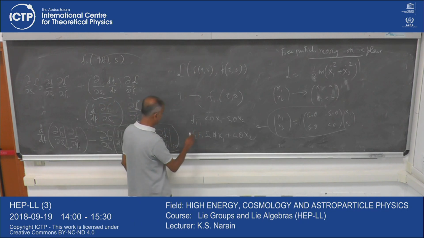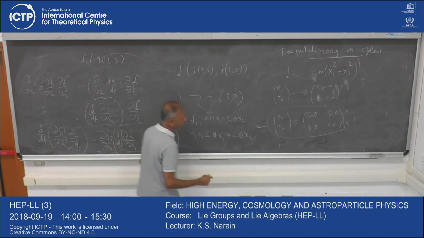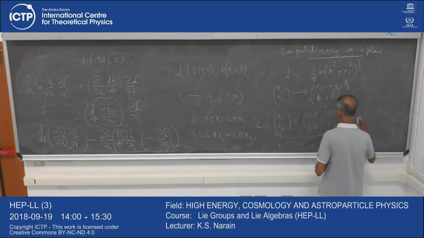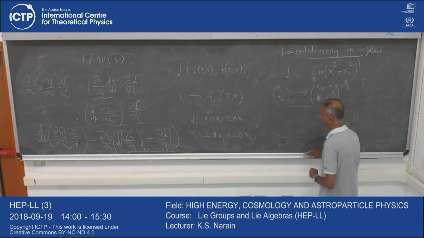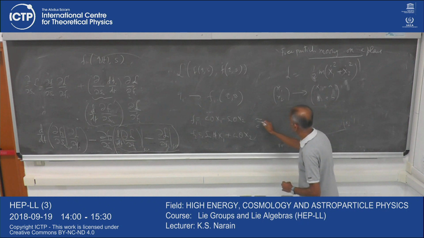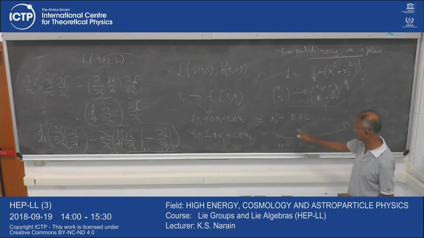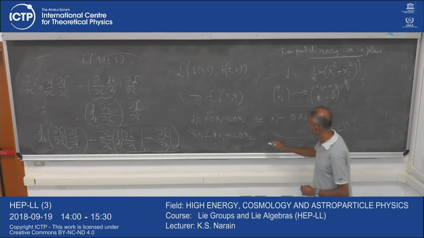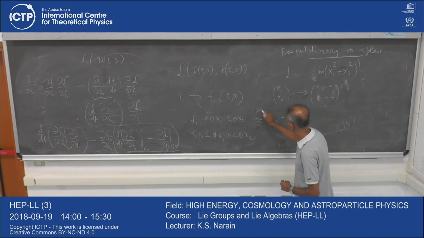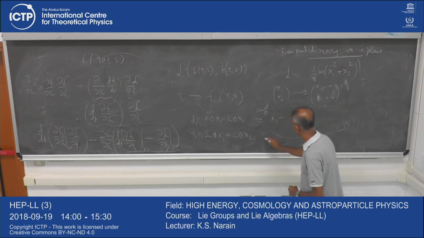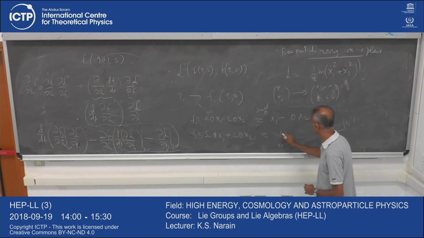So let me just erase this part, go over here. So in the small, for small theta, this guy is simply x1 minus theta x2, first order in theta, and this guy is theta x1 plus x2.